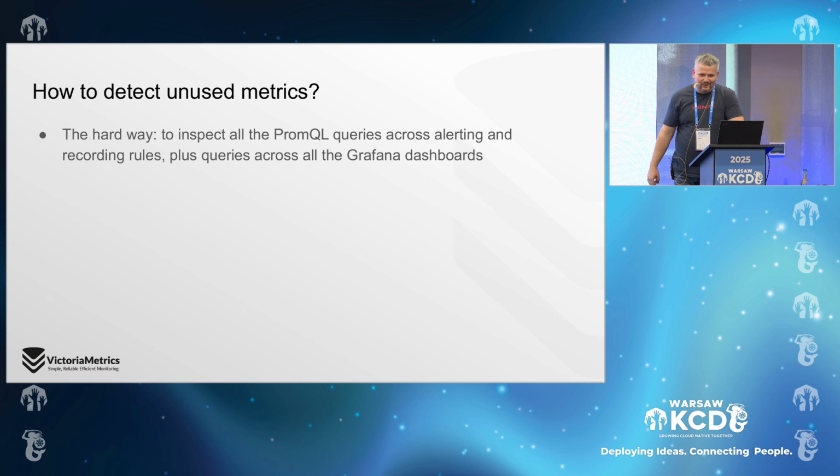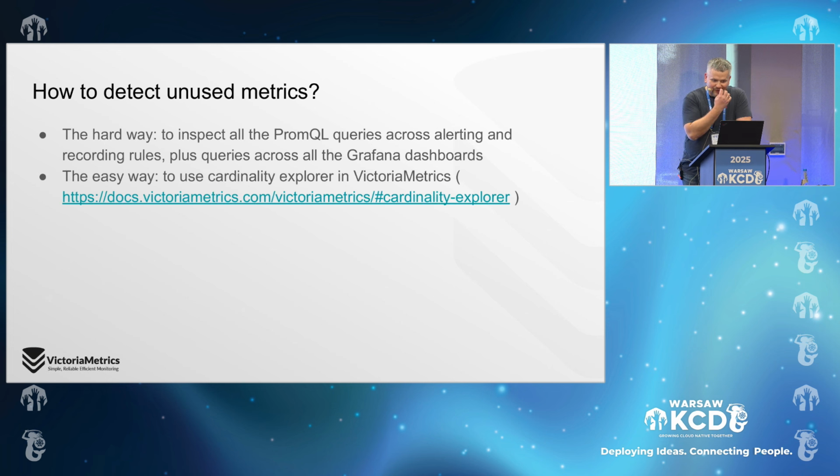The hard way is to manually inspect all the PromQL queries across alerting and recording rules, across all your dashboards for Grafana, across your runbooks, which you use when an incident happens, and then compare this set of metrics which are used in these queries with the actual set of metrics collected in Prometheus, and after that, drop unused metrics. That sounds hard, and that's it.